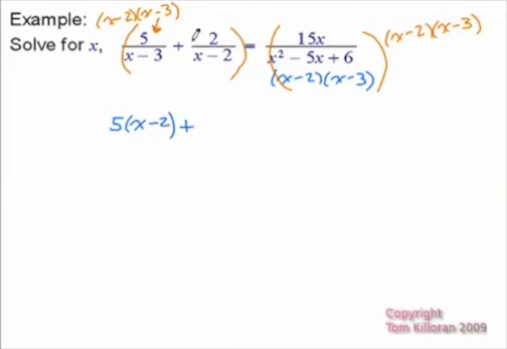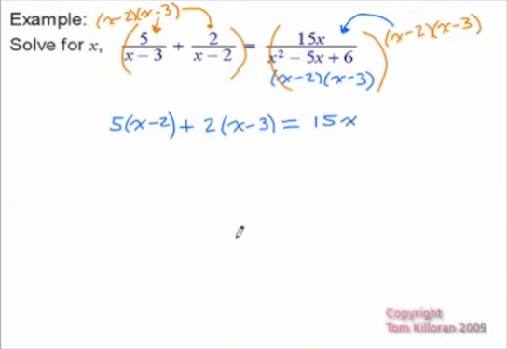Plus, when these two factors hit the second term, the factor of x minus 2 is going to cancel. You're going to be left with this positive 2 and this x minus 3. So you're going to have 2 times x minus 3. On the other side, when these two factors hit this term, the complete denominator is going to go away, and you're left with 15x.